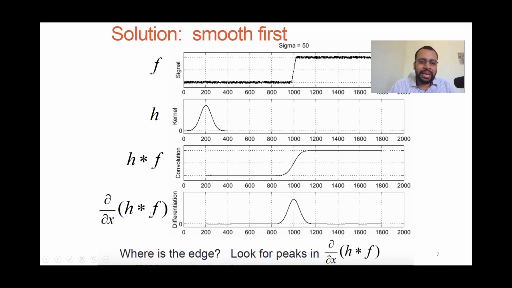Then, instead of taking the derivative of f, you take the derivative of f convolved with h. Convolution is commutative, so you could have written it as h convolved with f. Both are absolutely fine.